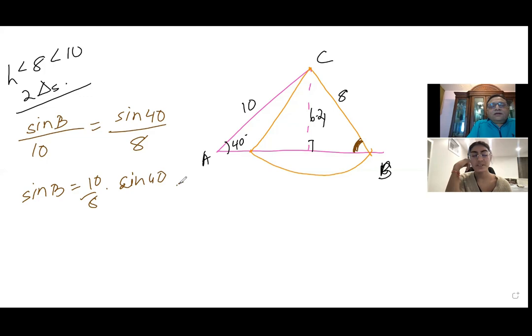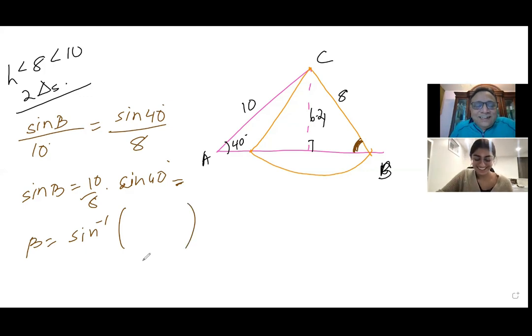Calculate. You're so fast, you just start writing before I even say it. Calculate, and don't erase the answer, whatever number you get. Okay, so sine 40 times 10 divided by 8. Let me just do 10 times sine 40 divided by 8. That's 0.8035.